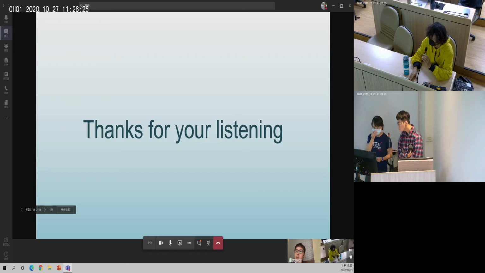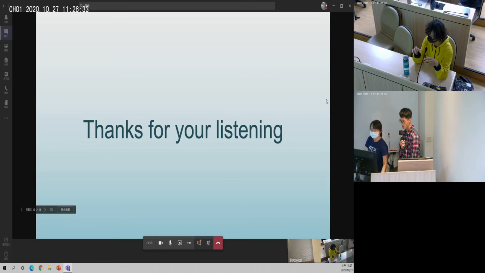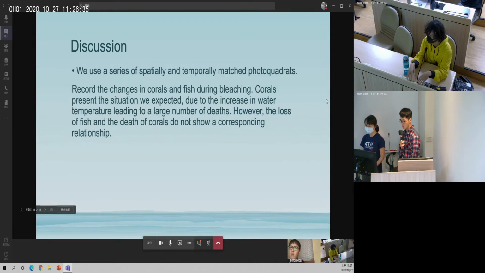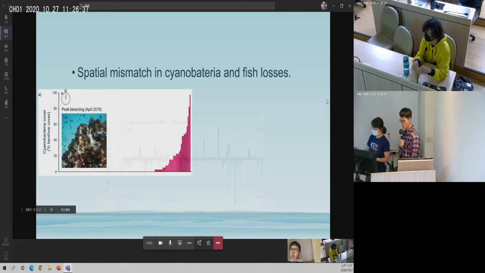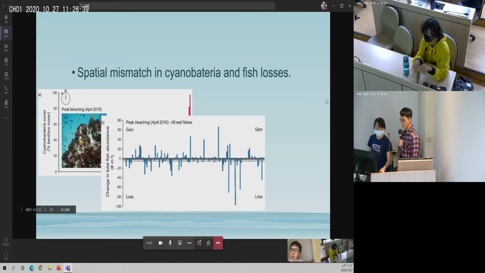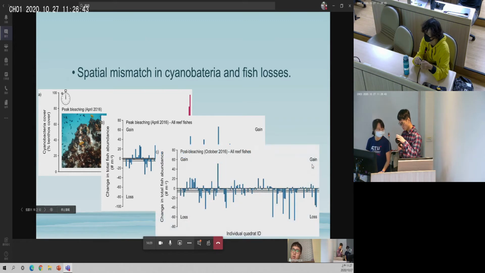So, what is the blue block used for in your experiment? There's a blue block covering the corals. Repeat his question. He wants to know what the blue bar means.